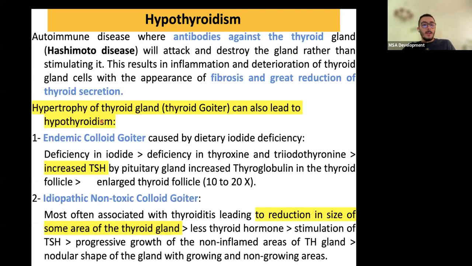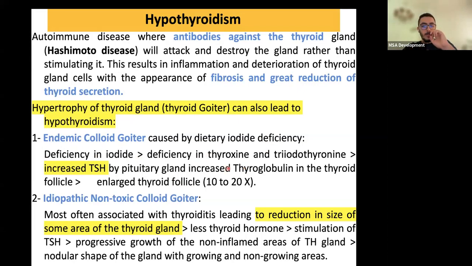Here, the endemic colloid goiter or the idiopathic non-toxic colloid goiter are hypertrophy of the thyroid gland. Both of them are hypertrophy of the thyroid gland. However, they cause hypothyroidism. How? Endemic colloid goiter is caused by dietary iodide deficiency. We don't have iodide, but this usually happens in developing countries because in developed countries you don't usually have iodide deficiency because of their diet and food.